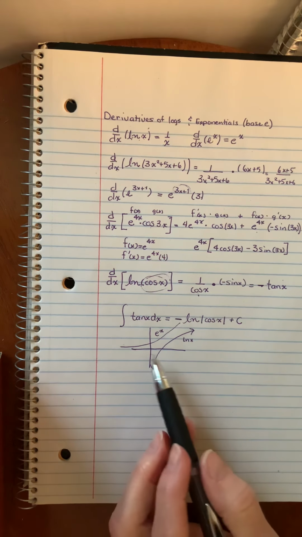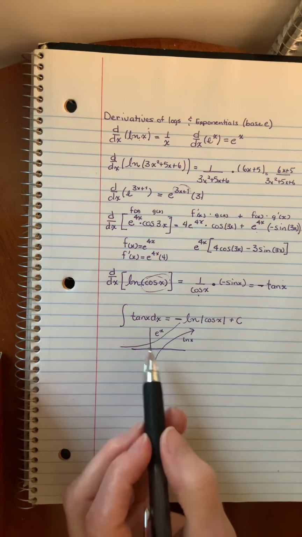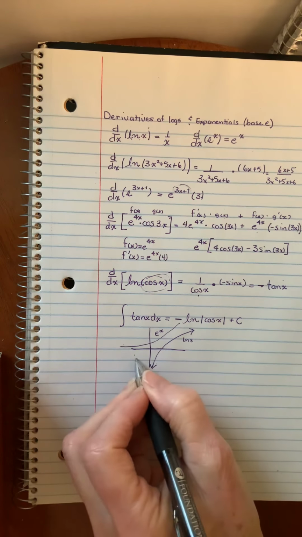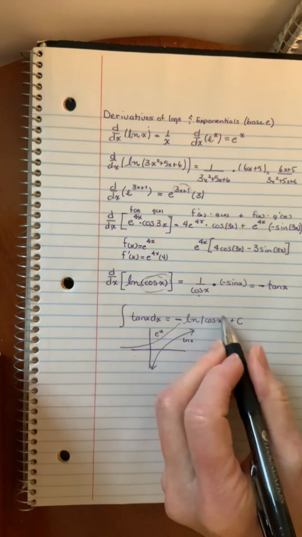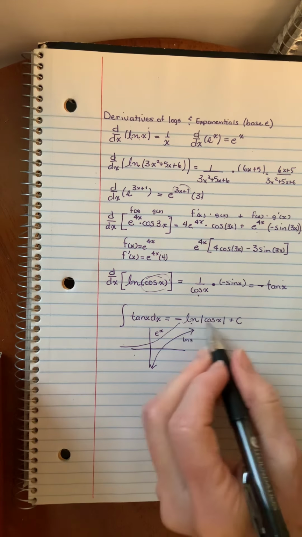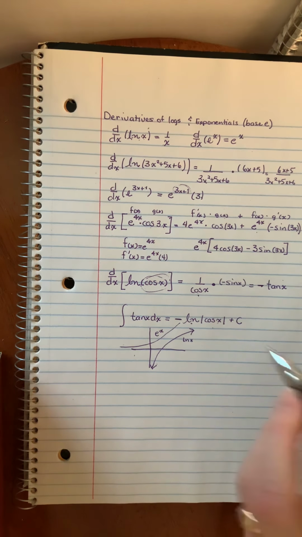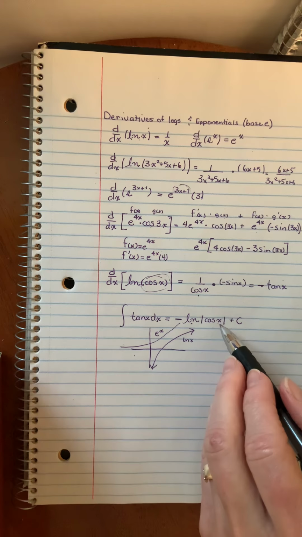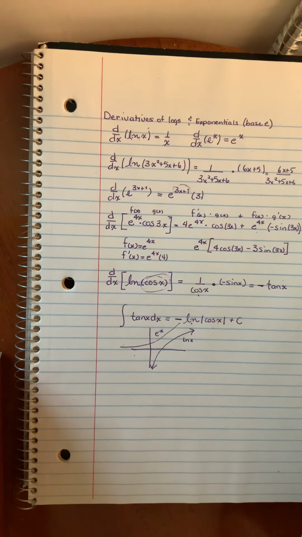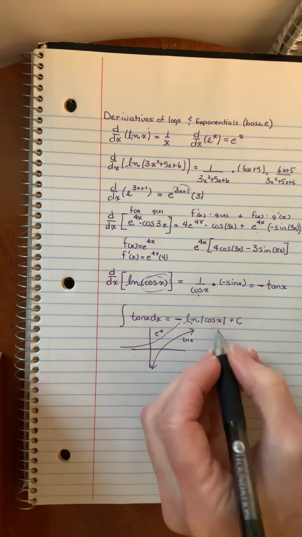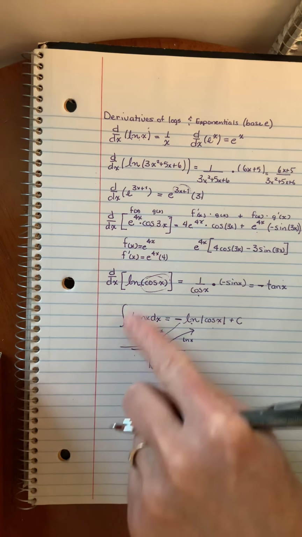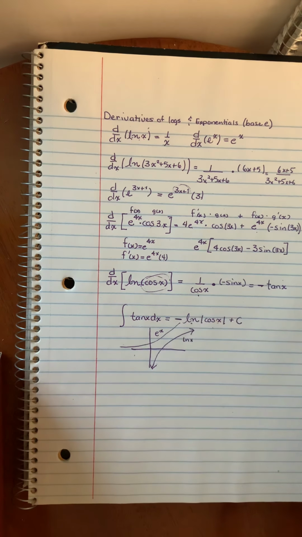So you might notice here that log can't be taken of a negative number. So I can't have a negative value for cosine. I've got to have a positive. Well, when I just kind of generally do this, I don't necessarily guarantee that the cosine is positive, because cosine could be as small as -1. So just be aware of that. When you integrate, you get absolute values. When you differentiate, you don't, but when you integrate, you do.